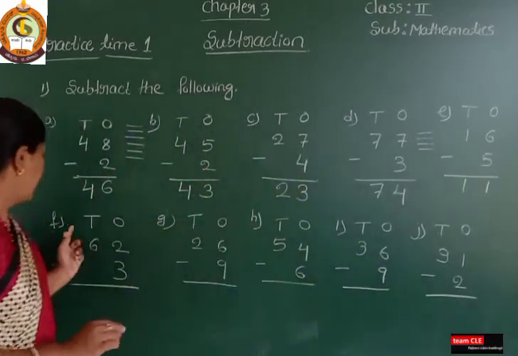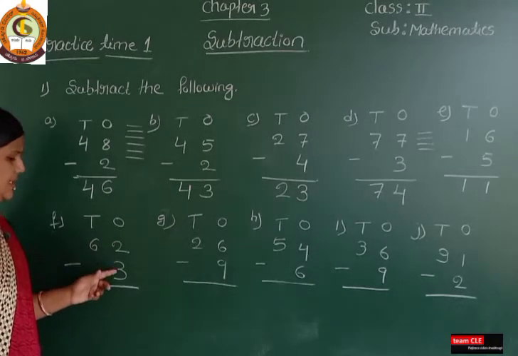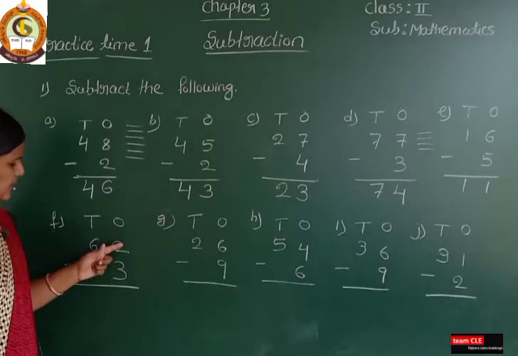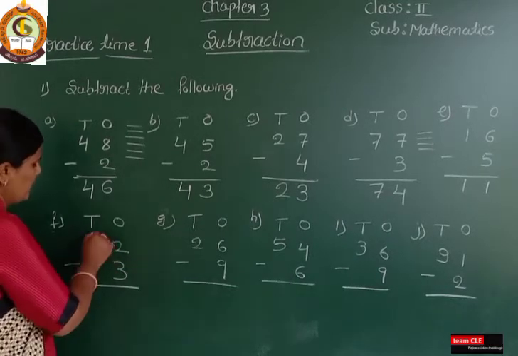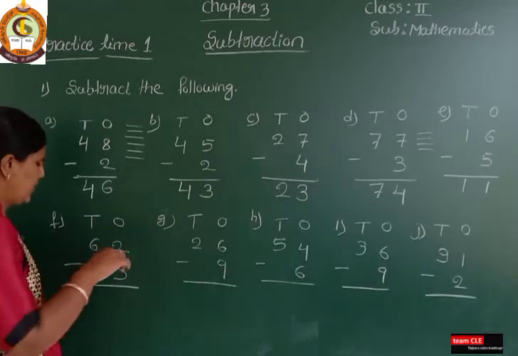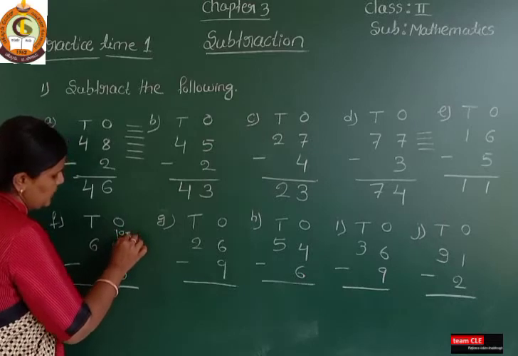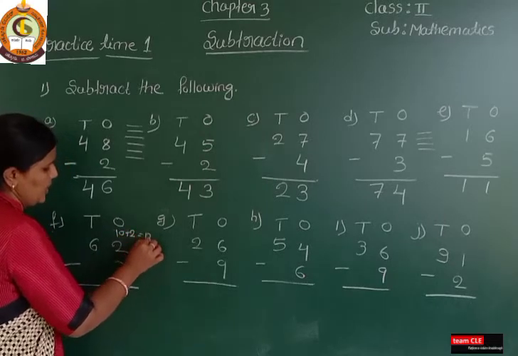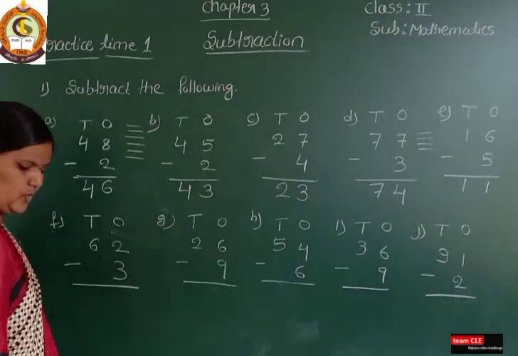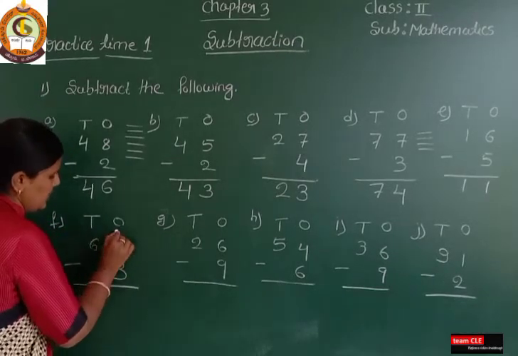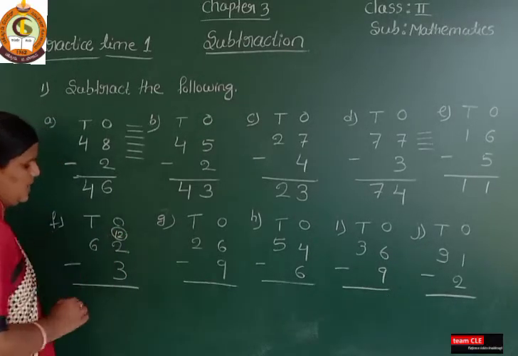Next, F. 62 minus 3. Yes, 2 minus 3 is this. Just see, this 2 is less than 3. So how to subtract? That time we have to take one group here. We have a 10 group, we have to take the 10 here, and this plus 2, how much? 12. So write 12 directly.